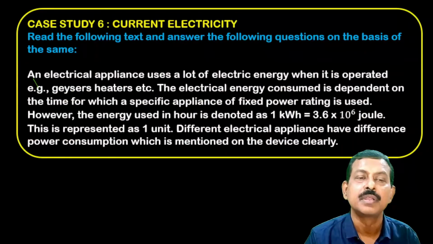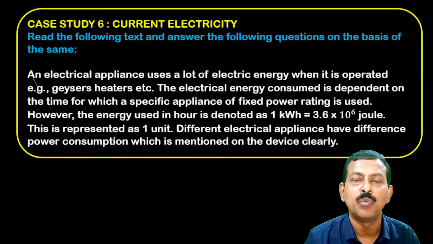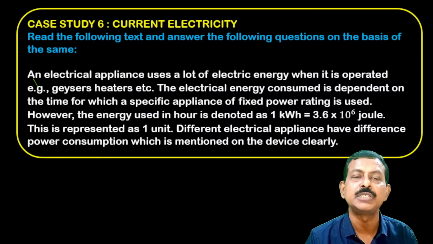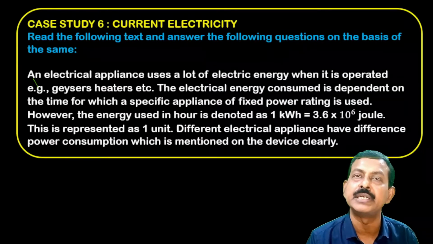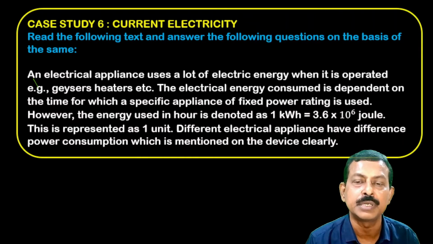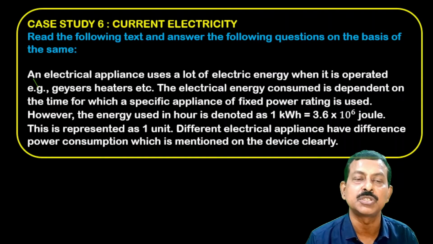Let's take next case study. An electrical appliance uses a lot of electrical energy when it is operated, for example, geyser, heater, etc. The electrical energy consumed is dependent on the time for which a specific appliance of fixed power rating is used. However, the energy used in one hour is denoted as 1 kilowatt hour, which is equal to 3.6 into 10 to the power 6 joule.